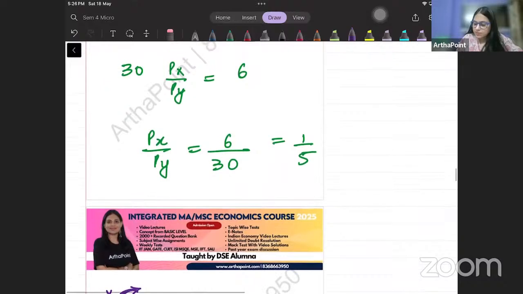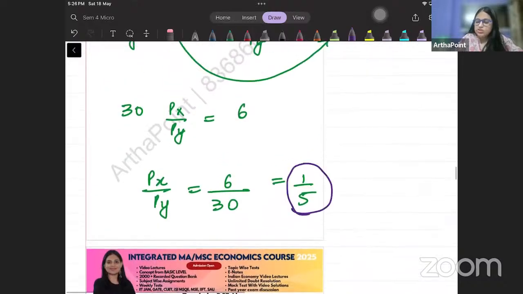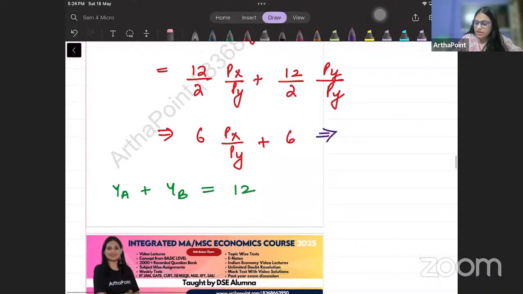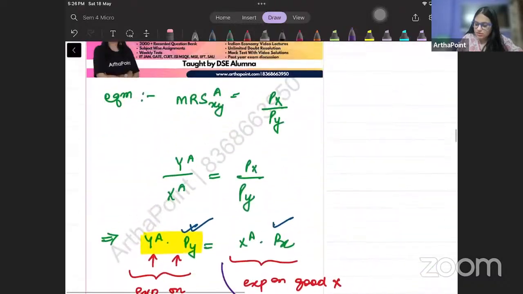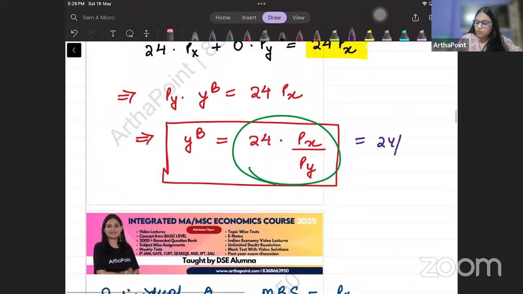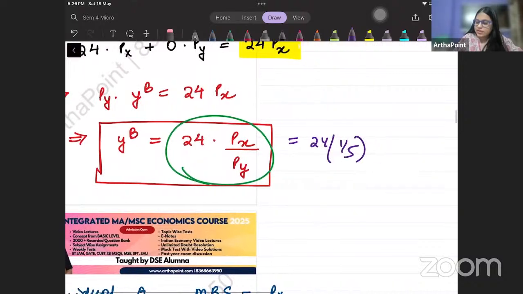Okay, if my price ratio is 1:5, what value will come here? I will get 6 into 1 by 5 plus 6. That means I will get 6 plus 6 by 5. And how much is individual B going to demand? That will be 24 into 1 by 5.